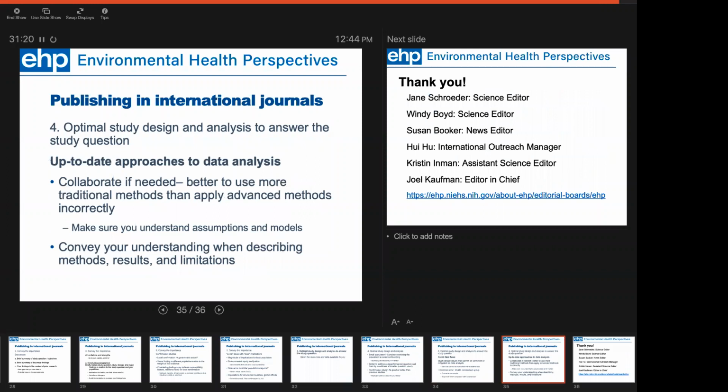You also want to, to the extent that you can, use up-to-date approaches to data analysis. This is very important, and here you may need some outside collaboration. But if you collaborate, then you can use more advanced approaches, but be very careful if you use advanced methods that you don't understand well. You need to understand the assumptions and models.